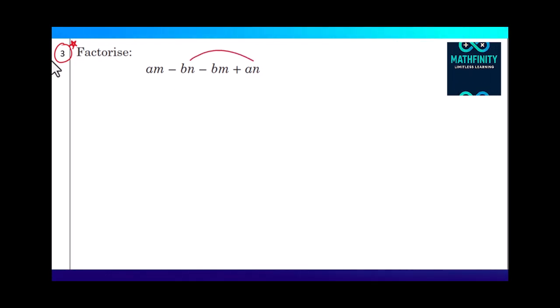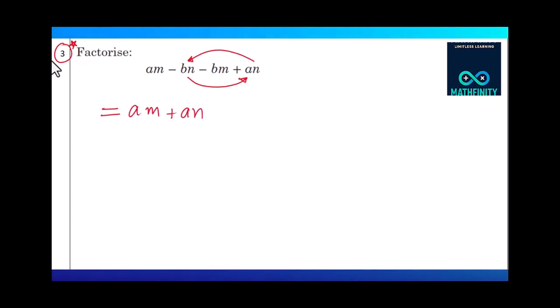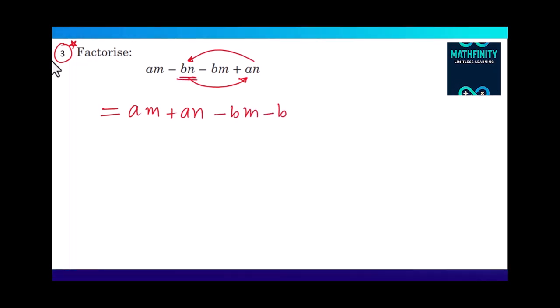You can bring this term here and shift this term there. So we will write here am plus an minus bm, and as this is going there, so minus b.